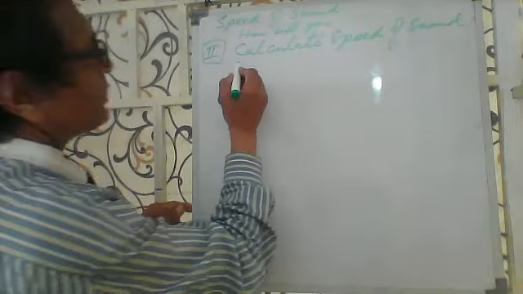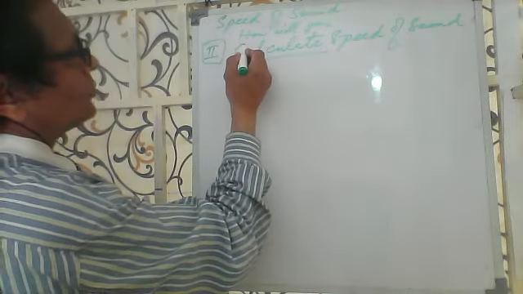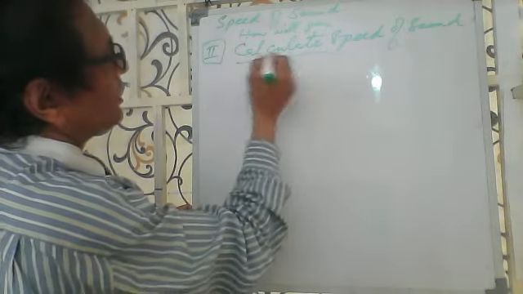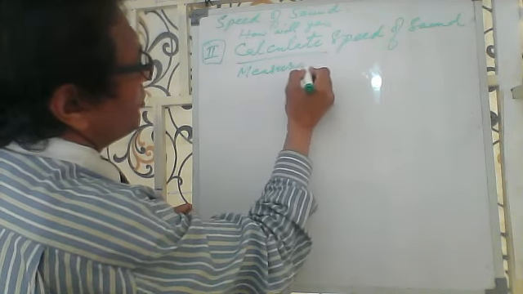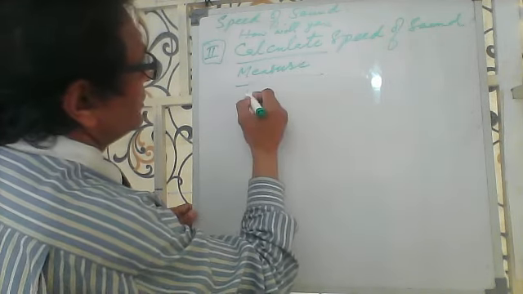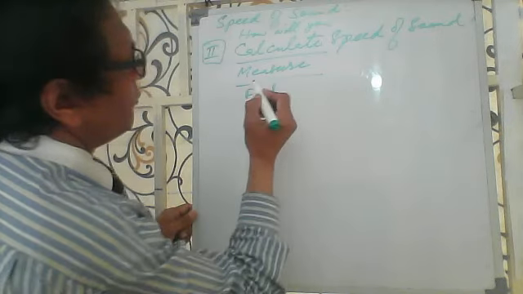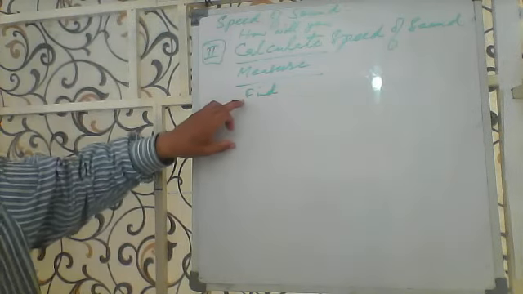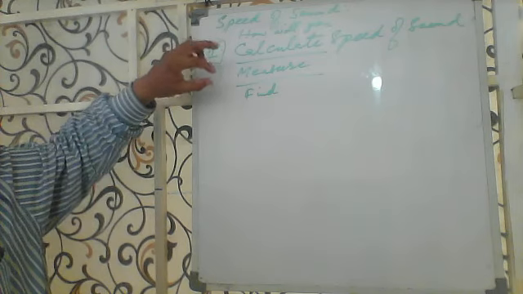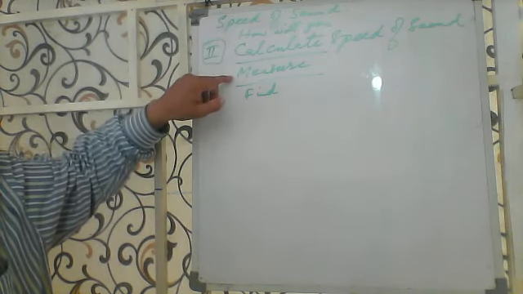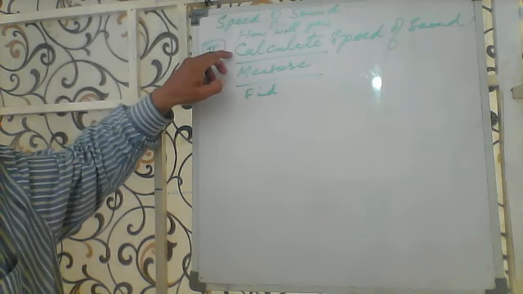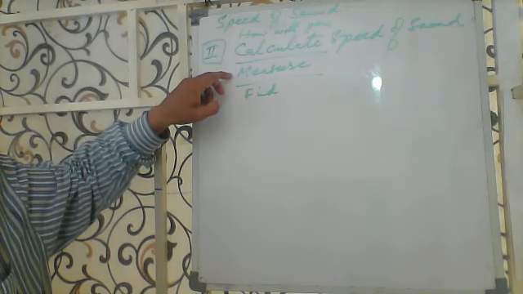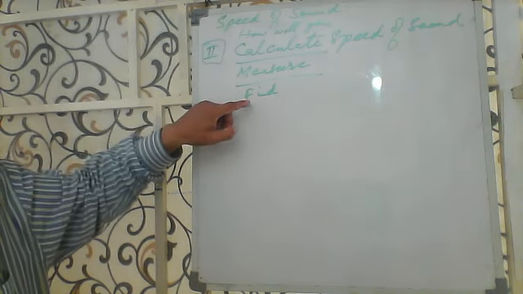So remember one thing, there are three words: calculate, measure, and find. The word find covers these two things: you calculate or you measure, you use the word find.